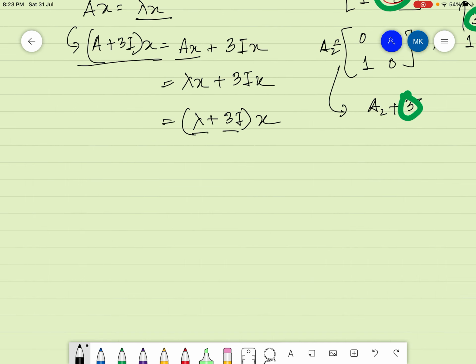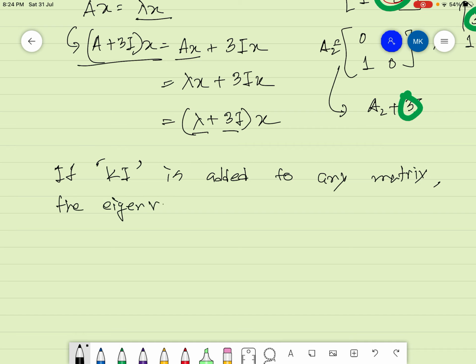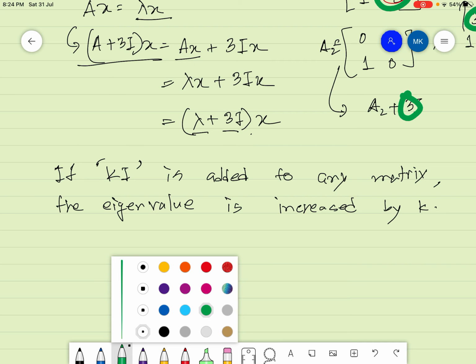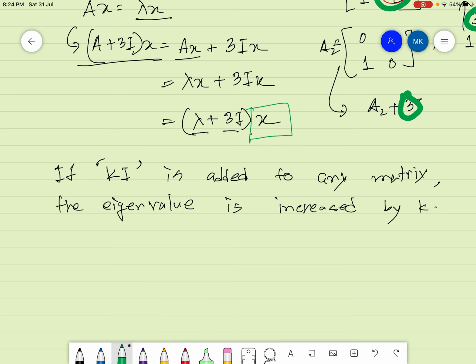If kI is added to any matrix, the eigenvalue is increased by k, right? And the eigenvector, as you can see, remains the same.